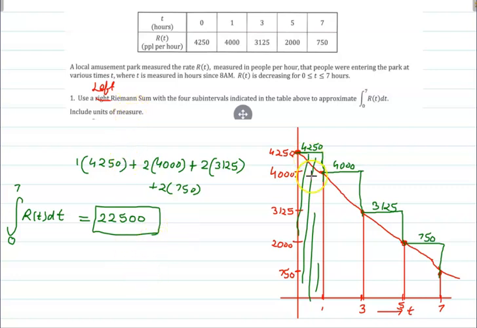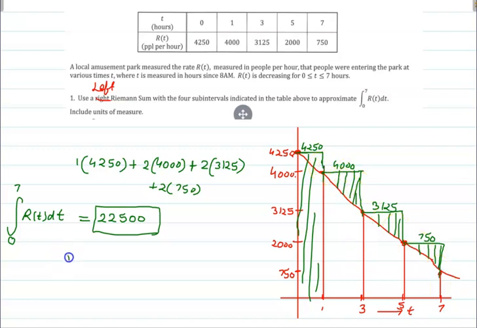This means for a decreasing curve, when we are using the left end point, it always gives us an overestimate. And why is it so? Because we have calculated the areas of these extra parts which are included in this area. So the left Riemann sum for a decreasing curve always gives you a value greater than the actual value.